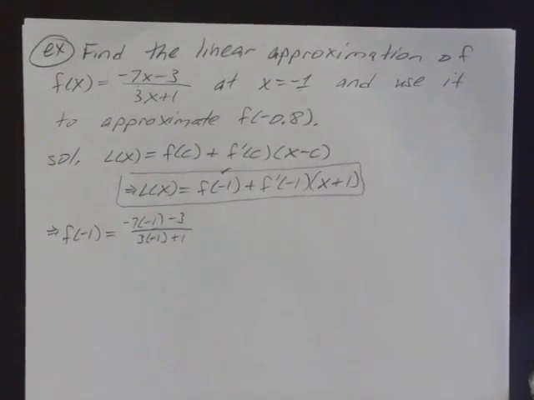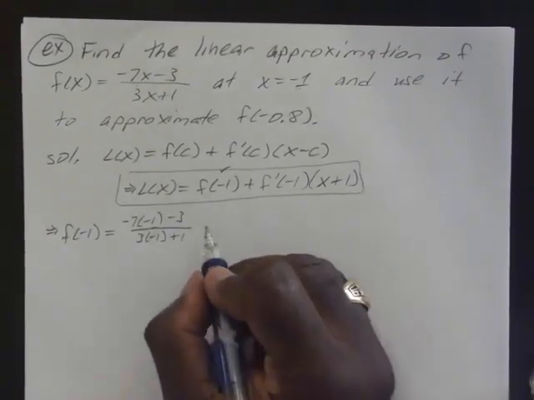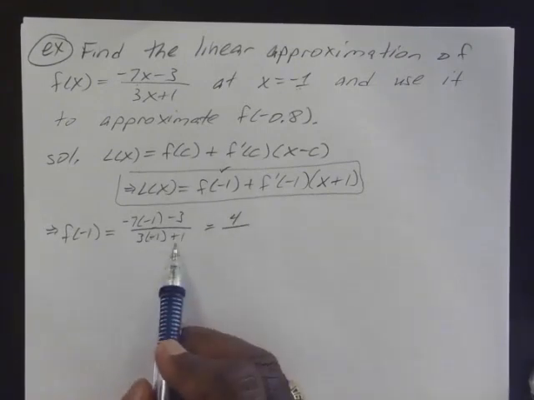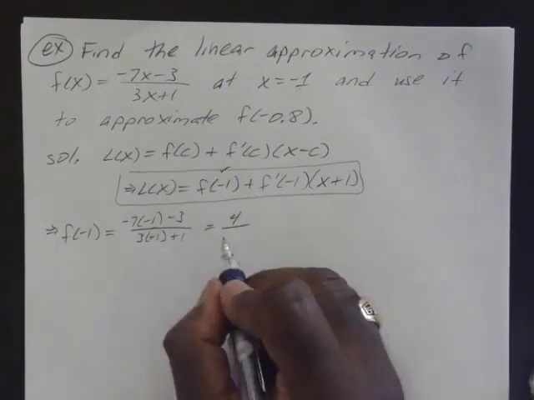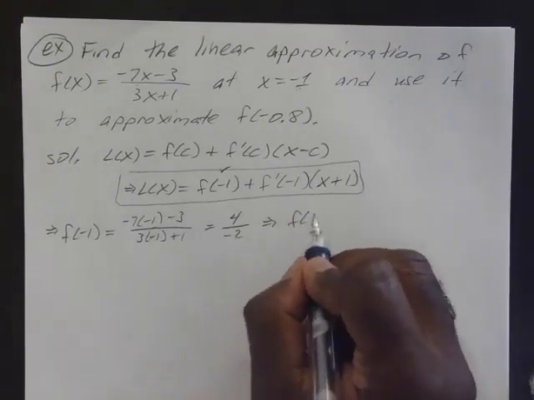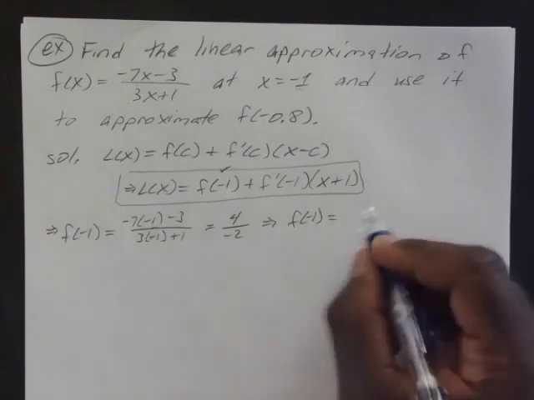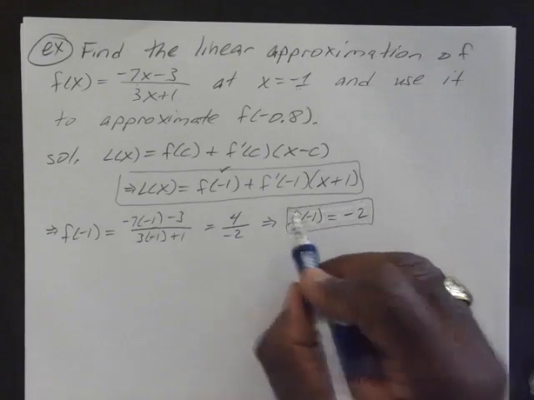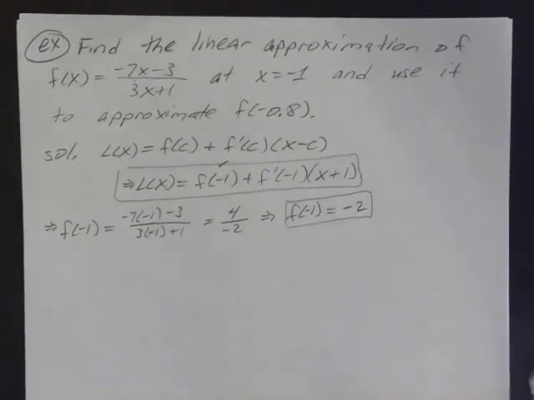Okay, so negative 7 times negative 1 is positive 7. 7 minus 3 is 4. Then we have negative 3 plus 1, which is negative 2. So f of negative 1 is equal to negative 2. And we'll highlight that since we're going to have to come back to it.